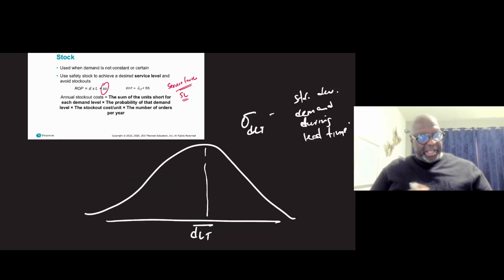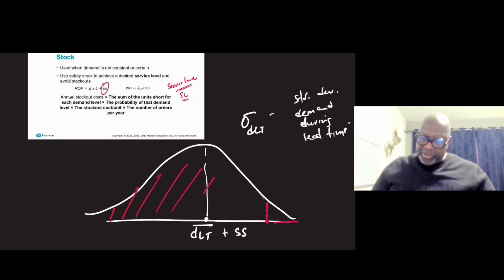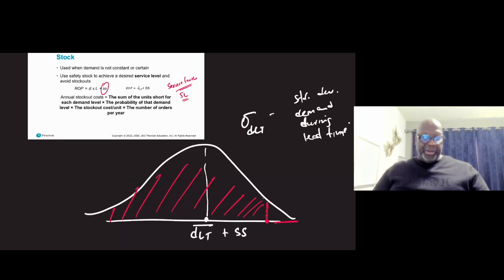So if we said that there was no variability, we just needed to keep this much. That would be our reorder point right here. But because there's variability, we need safety stock. So we have to add an amount, SS, safety stock. So what if that took us to this point right here? This would be our probability of meeting the demand during the lead time. This would be our probability of not meeting the demand during the lead time.